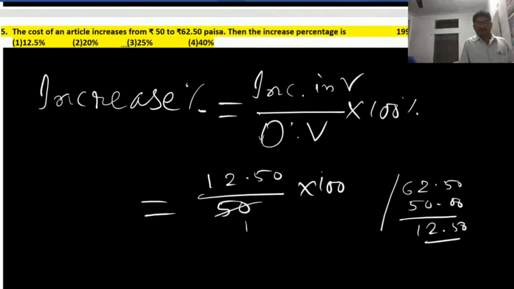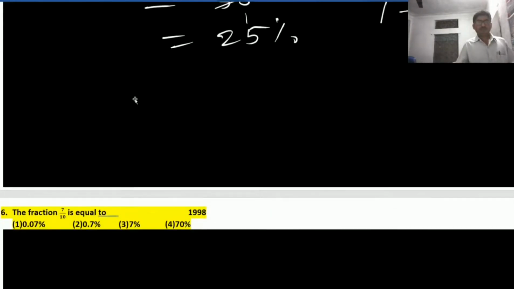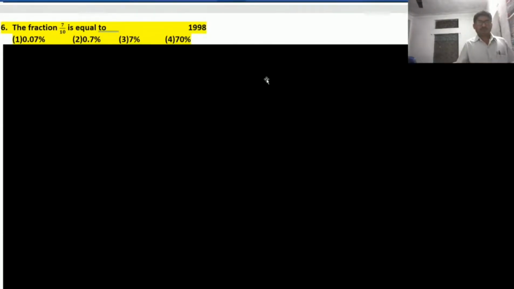So 12.50 by 50 gives 25 percentage. This 25 percentage is option 3. Question number 6.